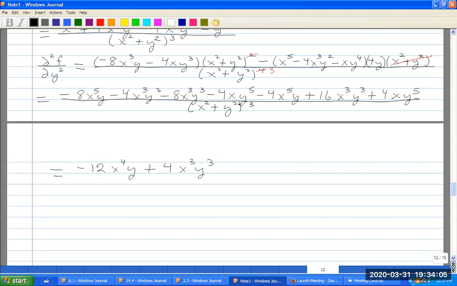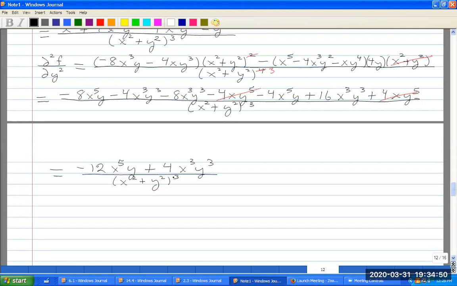And then I have minus 4 of these and plus 4 of those, so these cancel. And then, oh, isn't that x to the 5th? That's an x^5y. I had minus 8 of them, minus 4 of them. And that's it. So I take care of all terms over (x^2 + y^2) cubed.